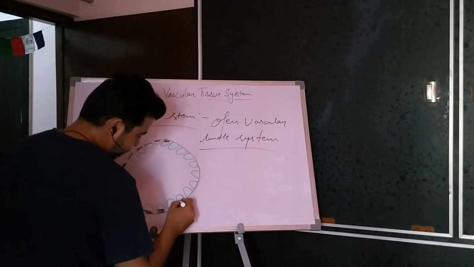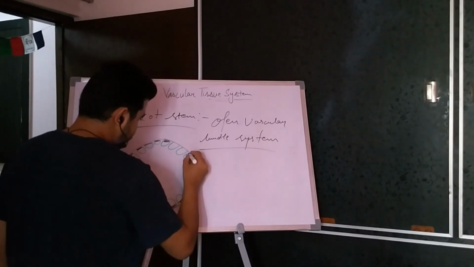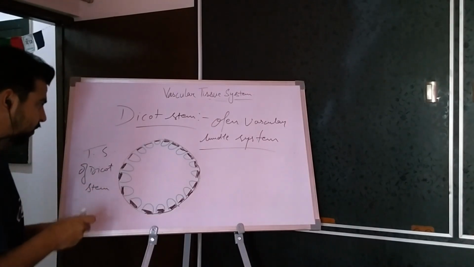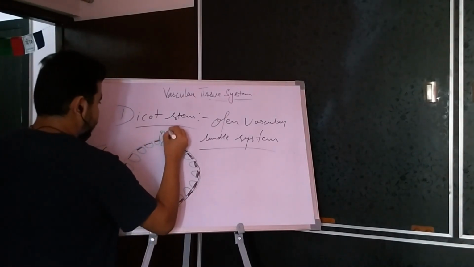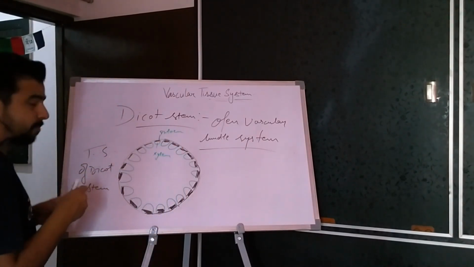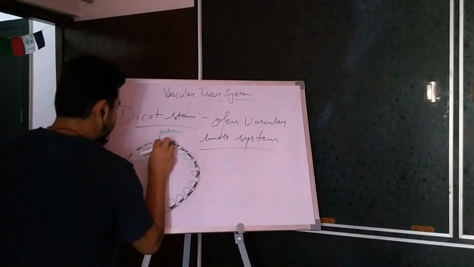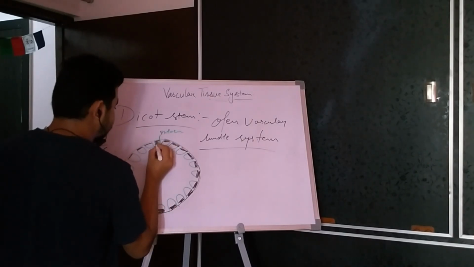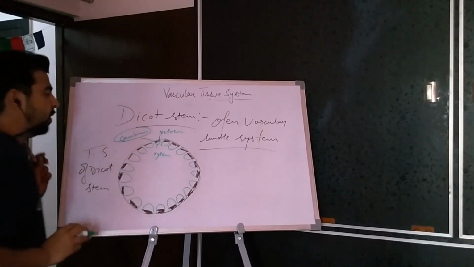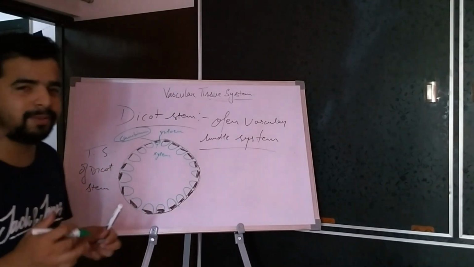Towards outside we can see that the phloem is arranged, and the separation between xylem and phloem is made by the structure known as lateral meristem. This is cambium. As we have seen, it is responsible for secondary growth of xylem and phloem.